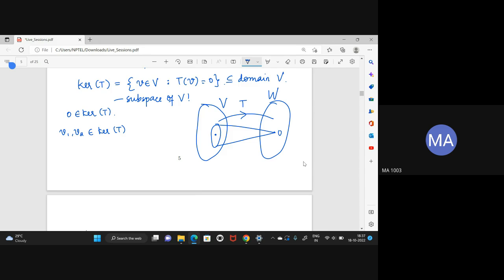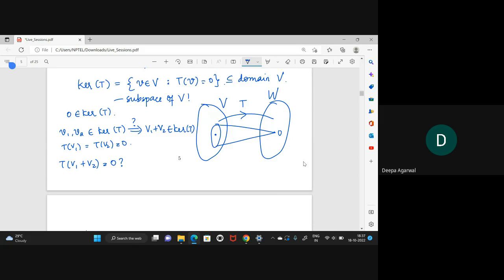Then what do we know about V1 and V2? T of V1 is equal to 0, and T of V2 is equal to 0. What should I check? T of V1 plus V2. I want to check whether V1 plus V2 belongs to the kernel or not. That is, whether T of V1 plus V2 is equal to 0 or not. How do I know that this is 0?